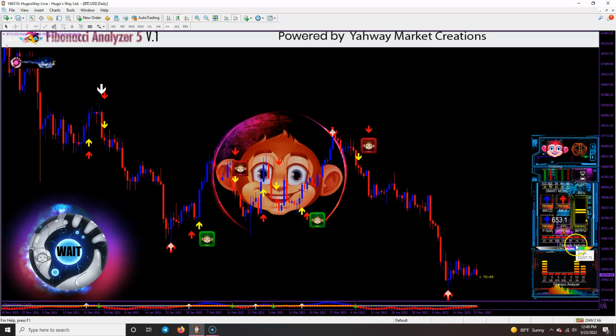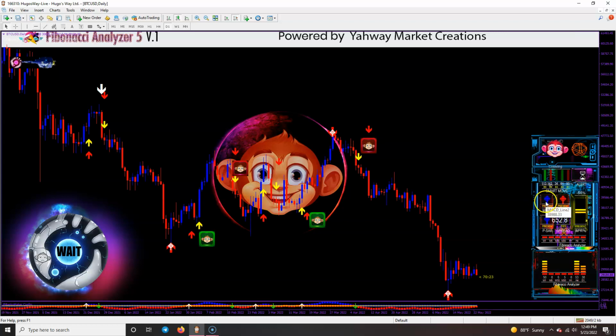PSAR, it's an indicator that we have built into the Analyzer 5 that lets you know if it's buying or selling. The spread lets you know that it's 663 pips spread. We'll get into that in another lesson.